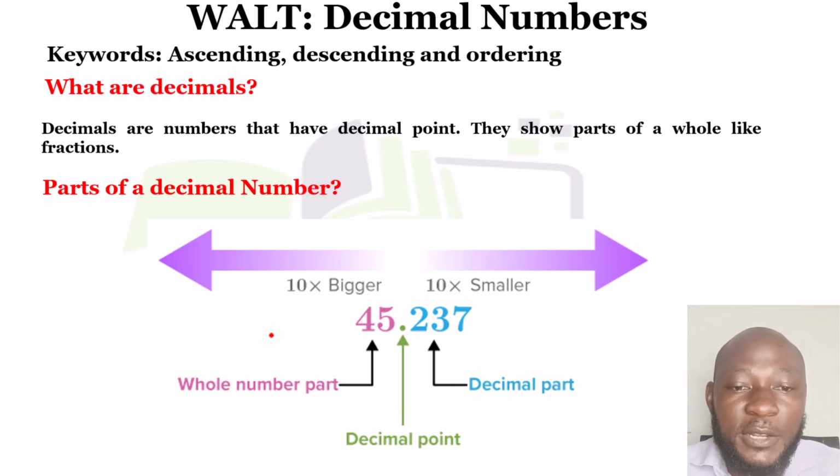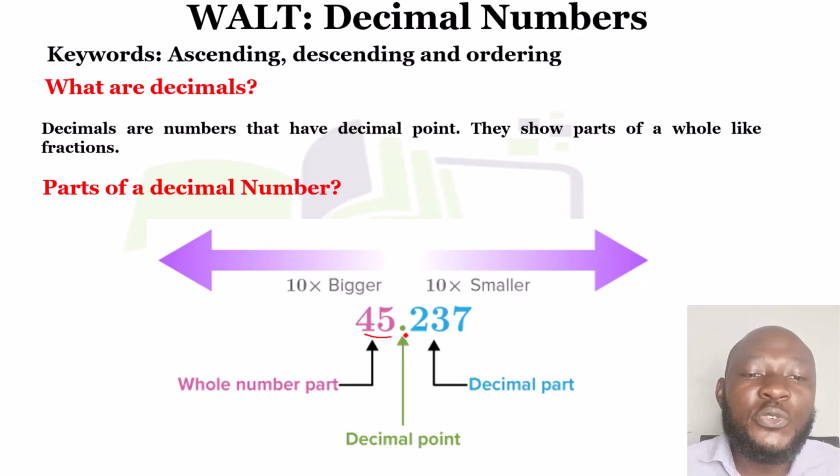Now let's consider the number 45.237. To start with, you cannot call this number forty-five point two hundred and thirty-seven because this number is not a whole number. So you call each digit individually, like 45.237.